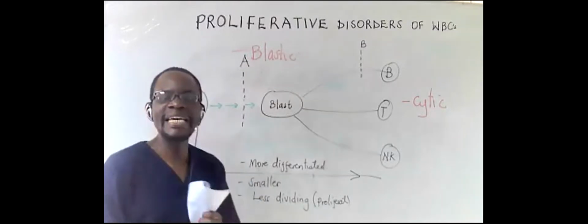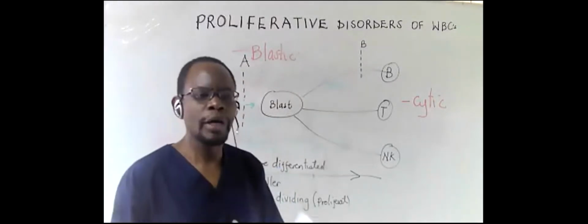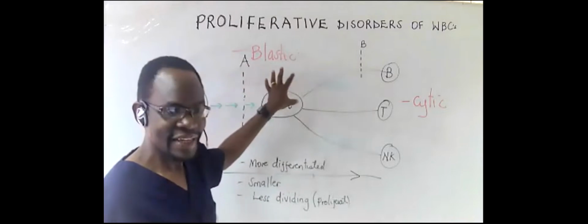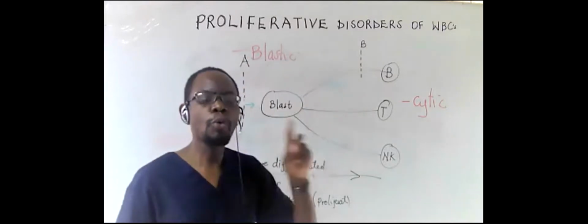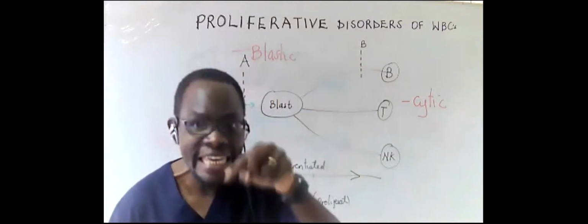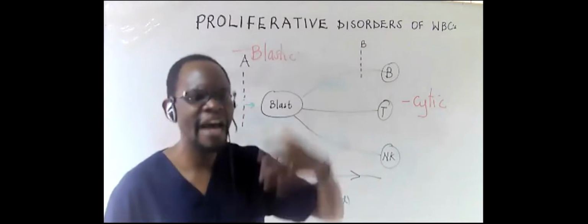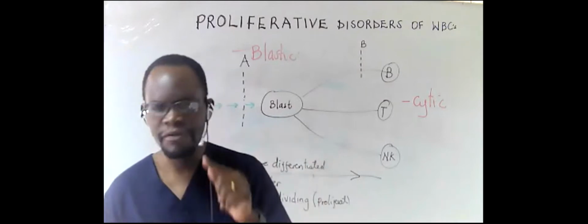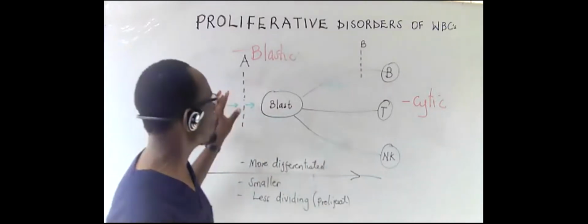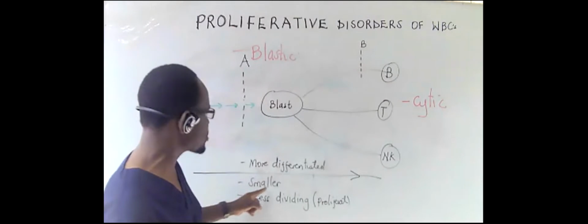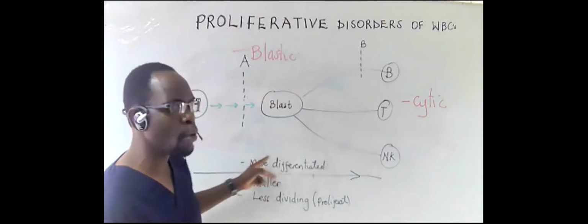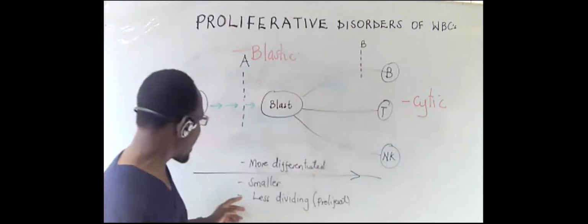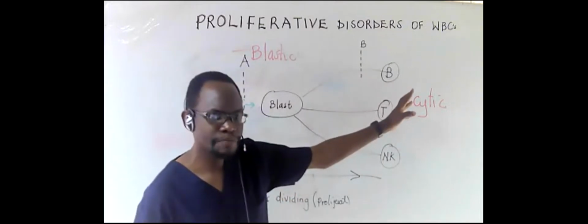Now, please pay attention, because this is very critical when you are classifying. We are going to classify the leukemias, so this is very, very important. As you move towards that side, the cells become smaller, more differentiated, and less dividing.